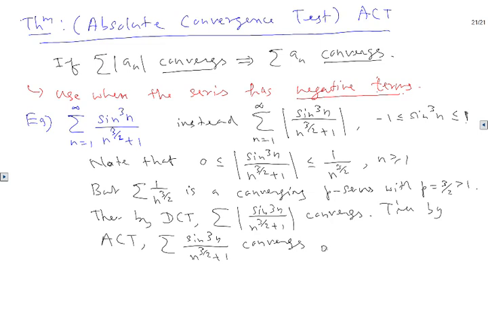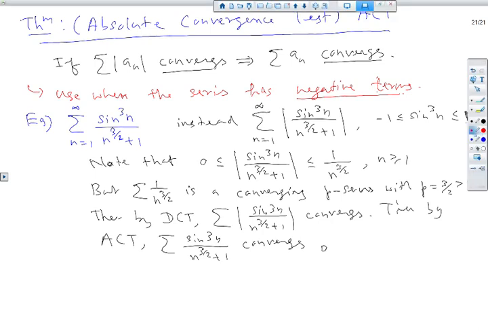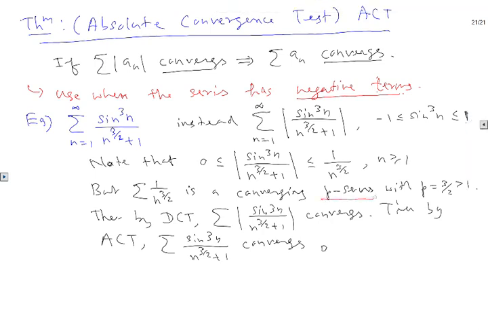The argument is very clear. We take the absolute value first, and then we show the absolute series converges. For that we use the direct comparison test along with the p-series, which is one of the powerful tests here. After we show that the absolute series converges, we use the theorem: since the absolute series converges, the original series has to converge.